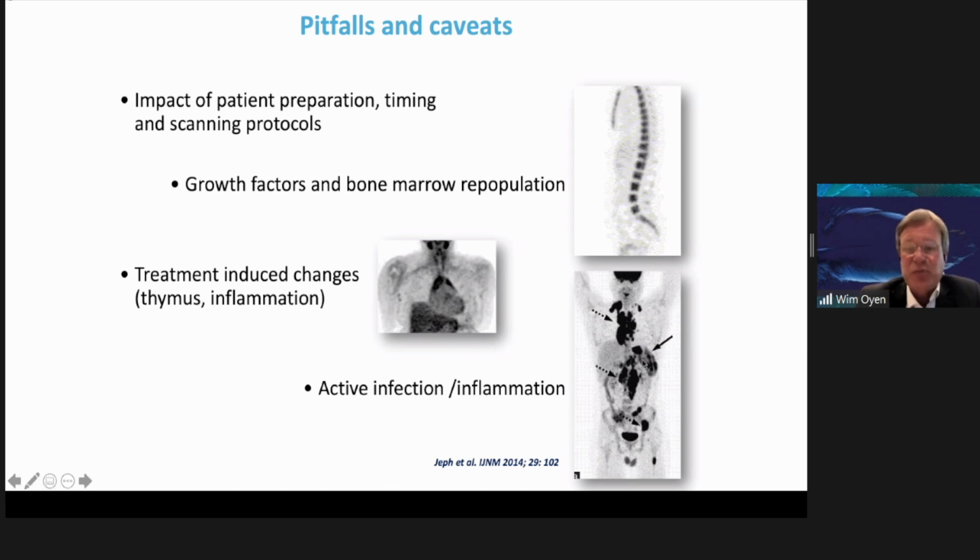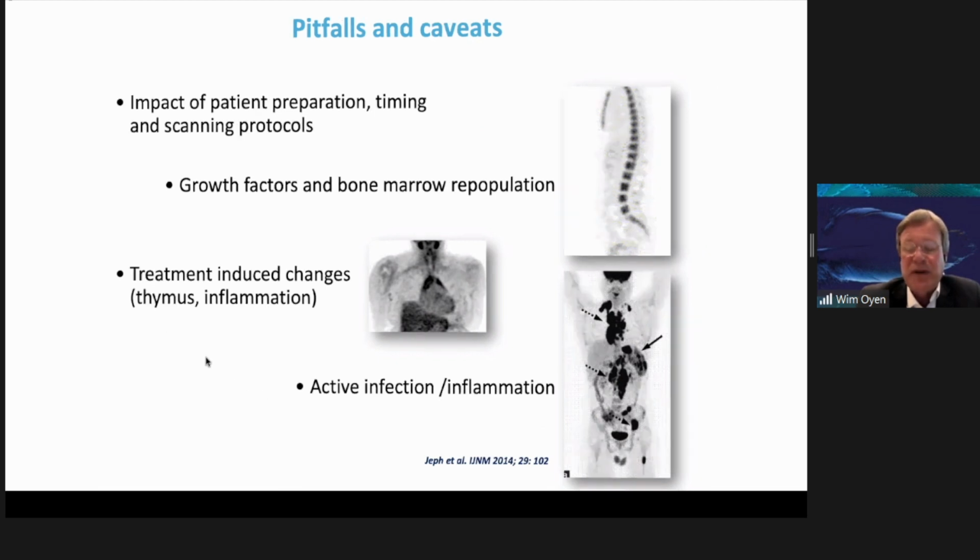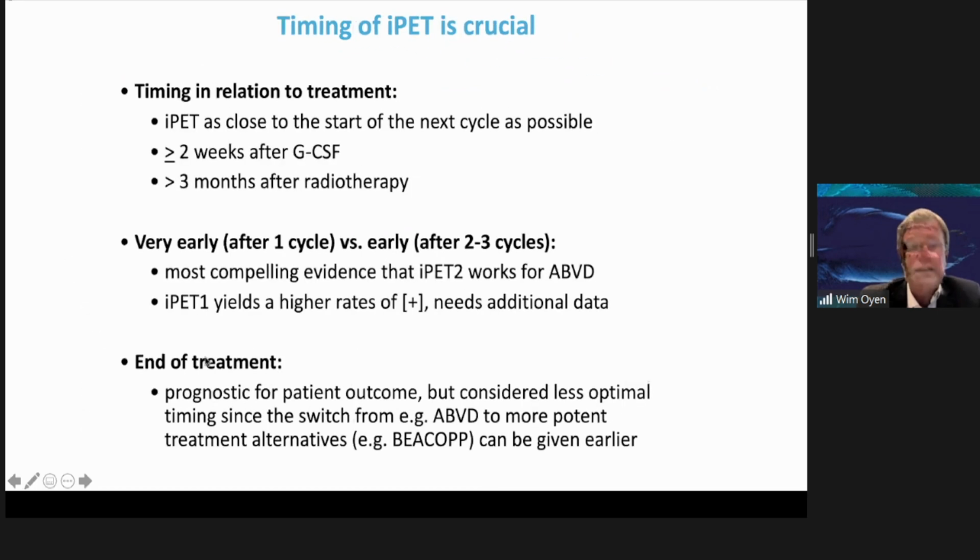For example, this patient who had an extensive tuberculosis infection that, if you wouldn't have known it, could very much be confused with a malignant lymphoma.